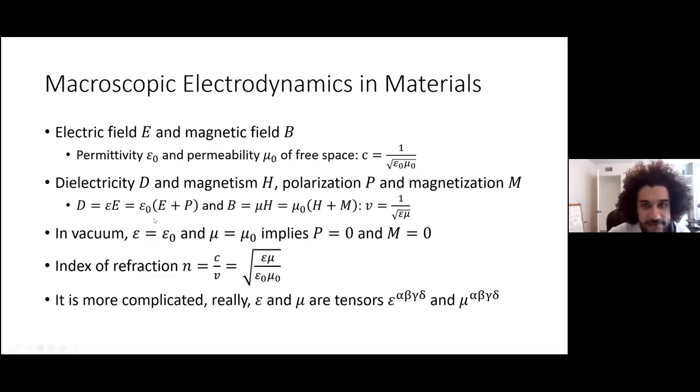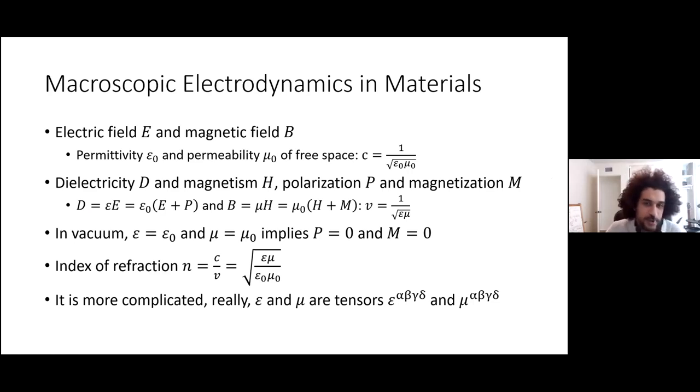And so instead of this epsilon naught, you get this epsilon, which describes the proportionality of the dielectricity to the electric field. And a similar story happens for the magnetic field. You get this notion of H, this type of magnetism, which includes this magnetization M, and that goes into B. So in vacuum, we have epsilon equals epsilon naught and mu equals mu naught, which implies that P and M equal 0.